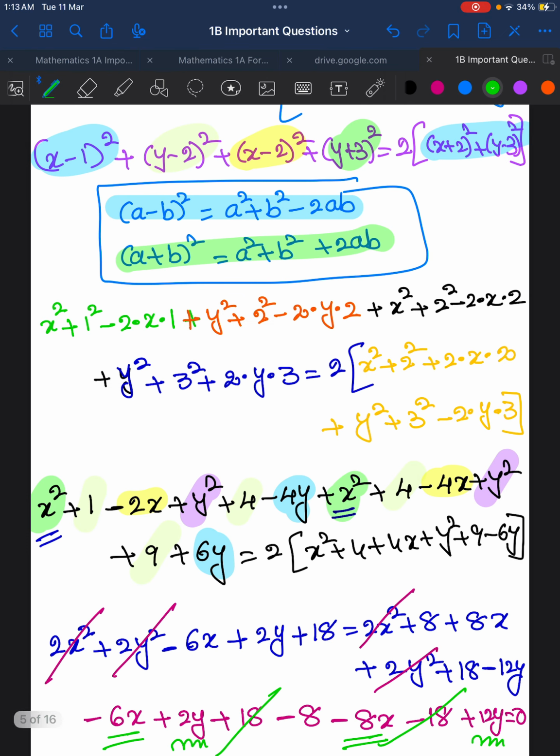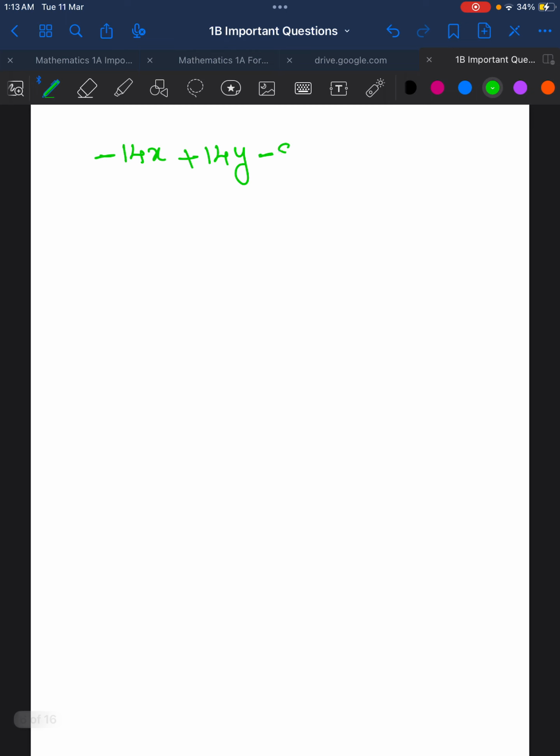Numbers, if I consider, this is minus 8. I got it as minus 8. I am writing here. So if I take minus 2 common, what happens? This will be 7x, this will be minus 7y, this will be plus 4 is equal to 0.